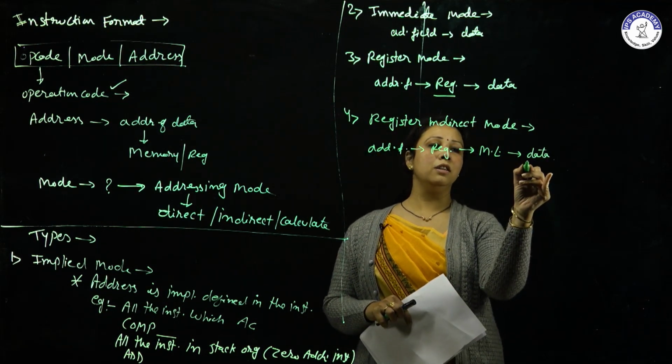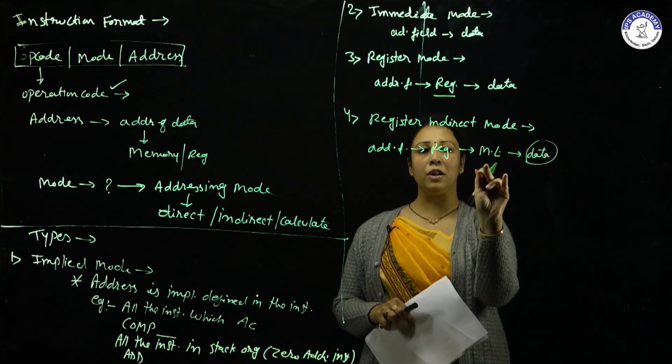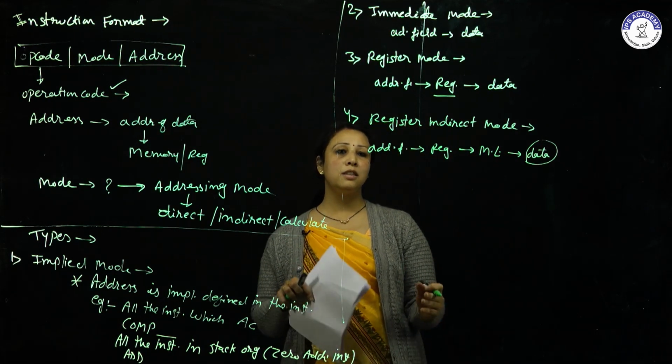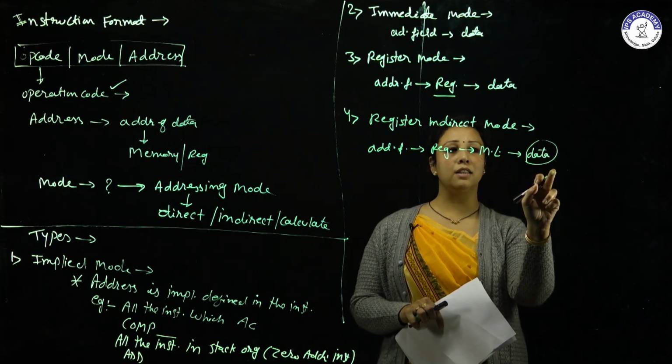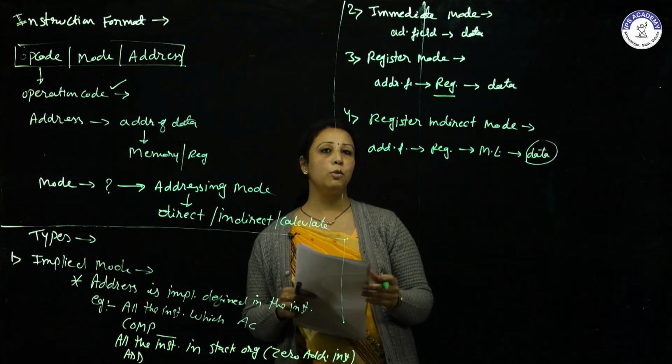So the operation is performed on this data stored in the memory location, but the address field gives us the address of the processor register. This register contains the memory location, and this memory location contains the data on which we have to perform the operation code.